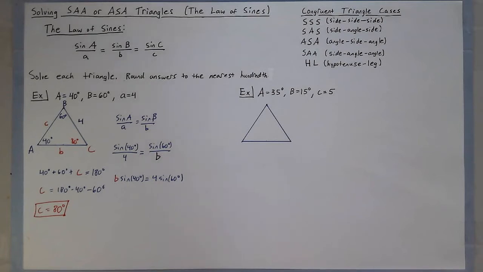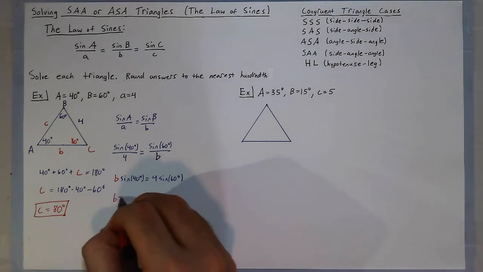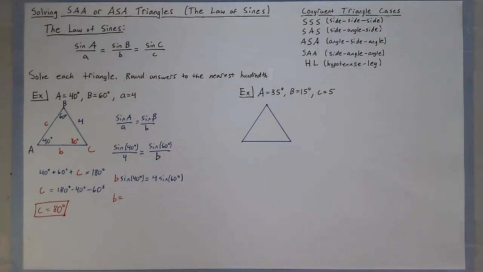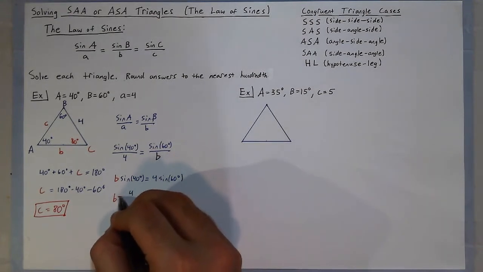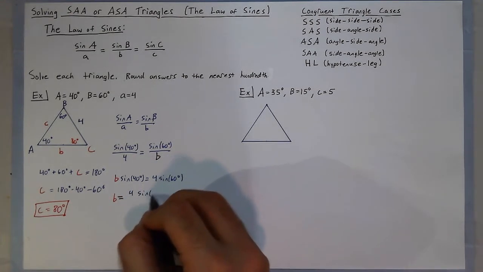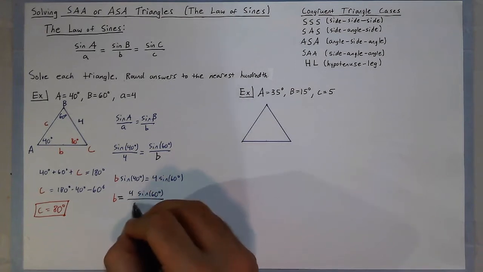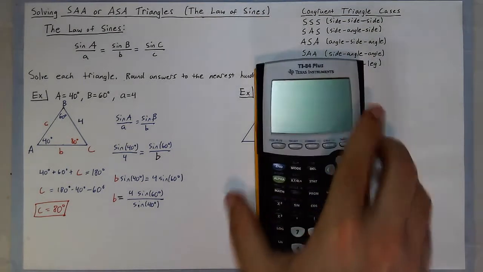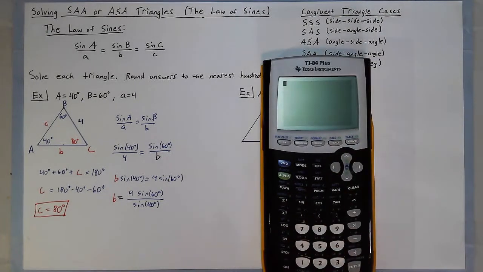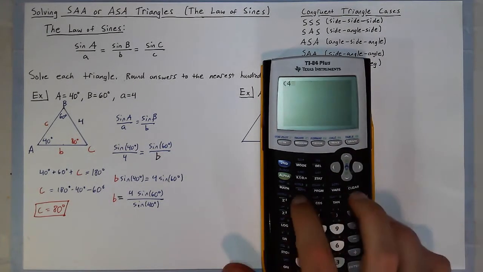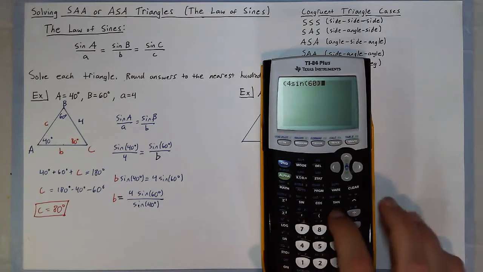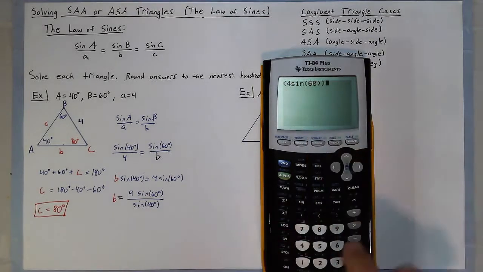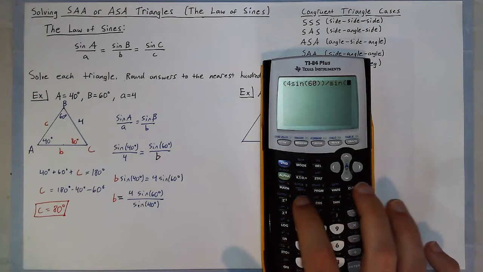And I'll get B is equal to 4 sine of 60 degrees over sine of 40 degrees. And to find out what that side length is, I'm going to use a calculator to find that value. So I have parentheses 4 sine of 60, close parentheses, then close my numerator, parentheses, divided by sine of 40.